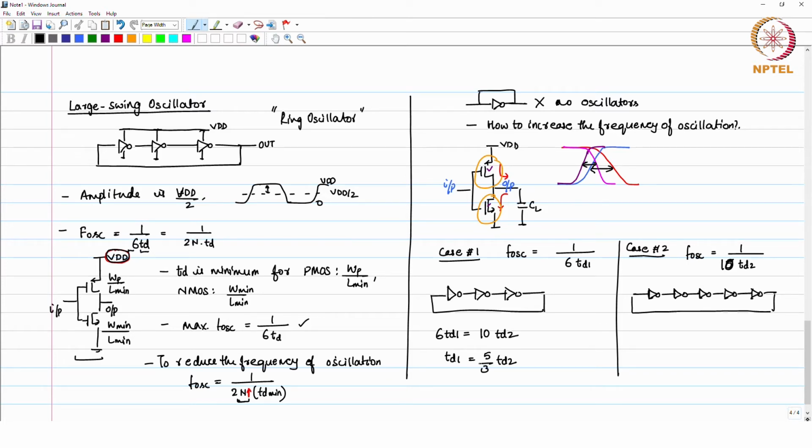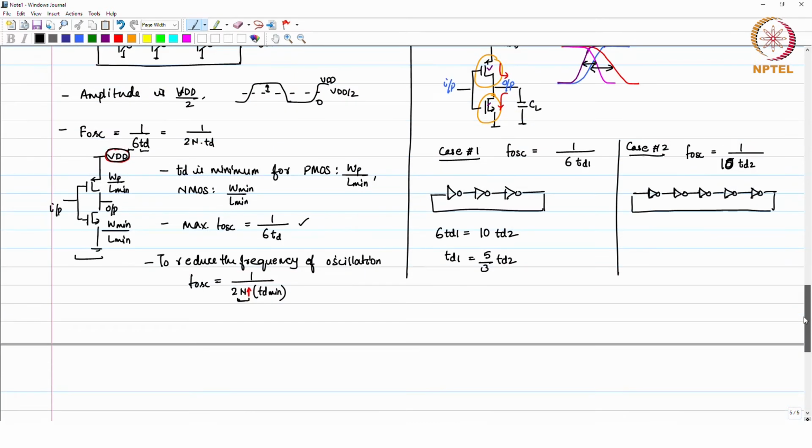So, the delay of each stage is actually different in the two cases, and you can design an inverter in such a way, you can increase the sizes of the inverters, you can add more capacitor to the inverter, such that the loading is different. So, there is no reason right now to choose only 3 inverters. You can always realize it with the larger one.